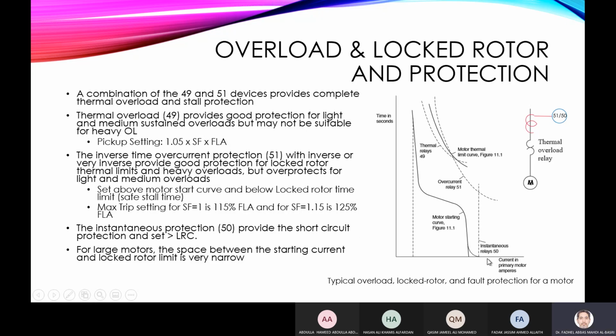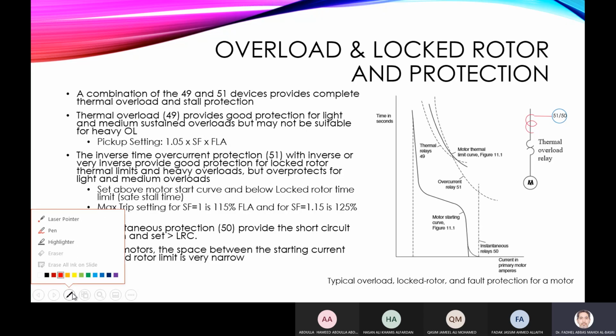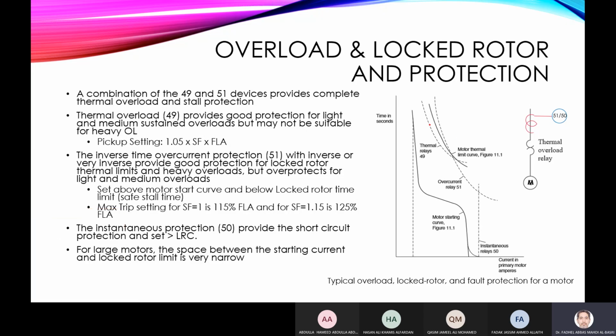The instantaneous, I already mentioned this. How do we set the instantaneous element? So if you combine the three, this is the thermal overload limit of the motor, and this is given by the manufacturer.